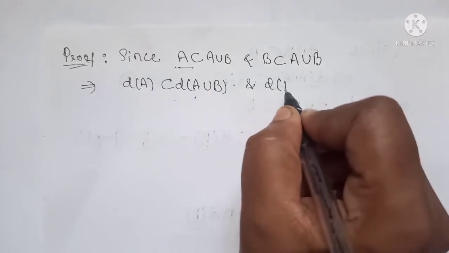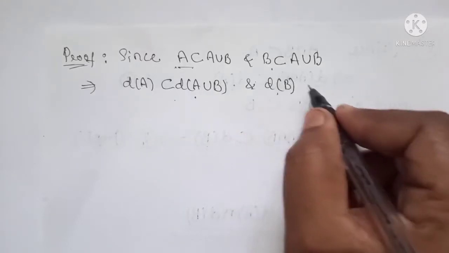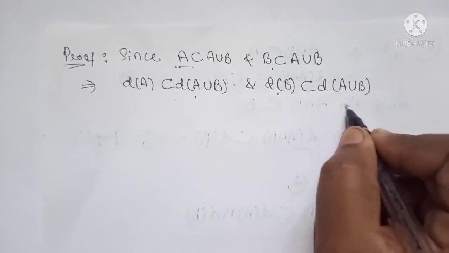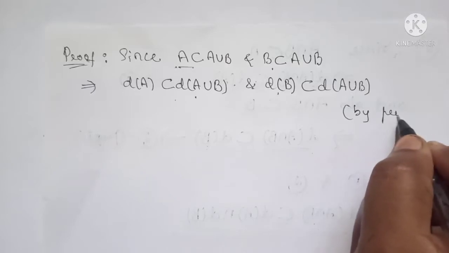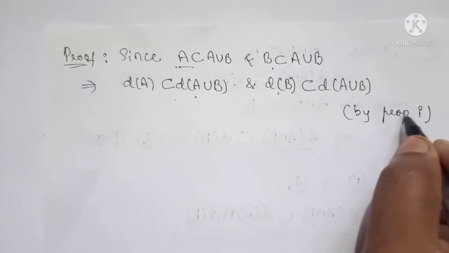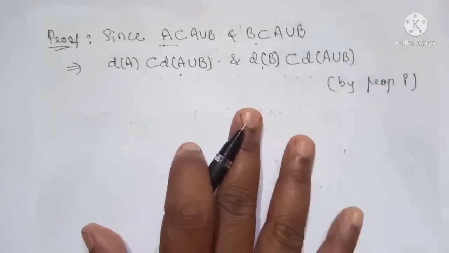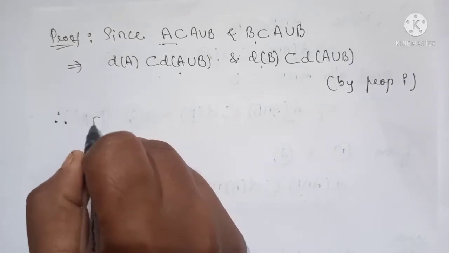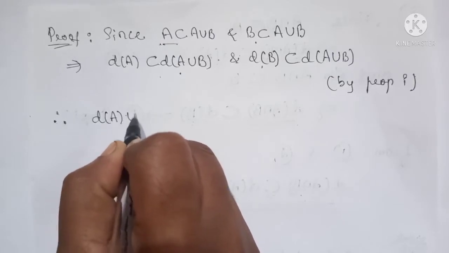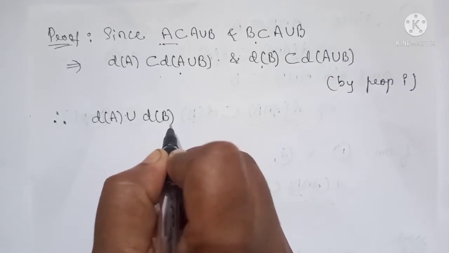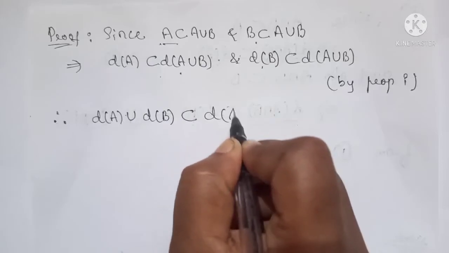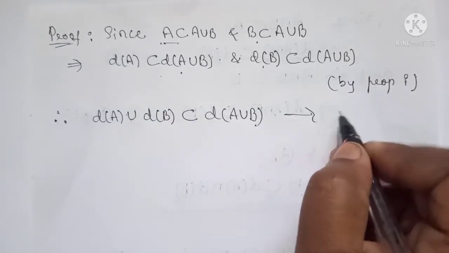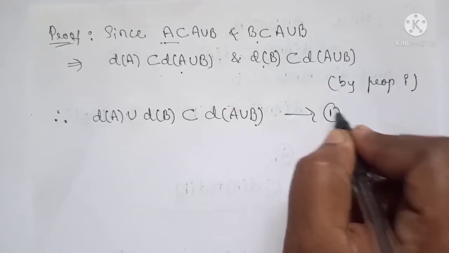Again applying the first property, the derived set of B is a subset of the derived set of A union B. So this is by property 1, or you can call it theorem 1. Therefore, the derived set of A union the derived set of B is a subset of the derived set of A union B. Consider this as equation 1.